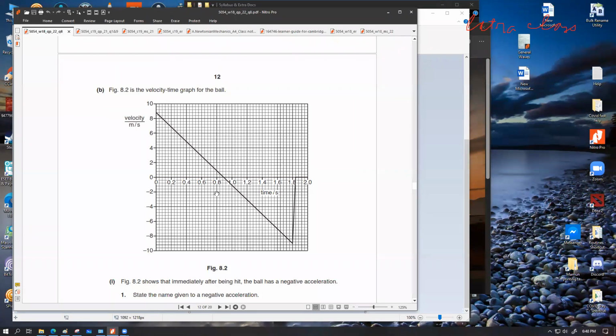Downward sloping. Decreasing. Non-uniform.